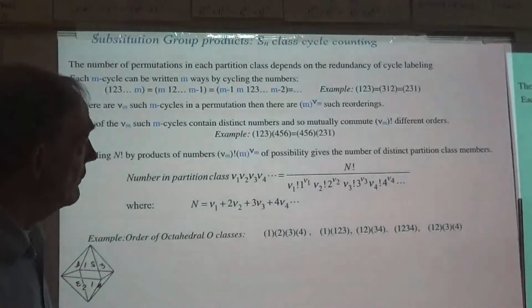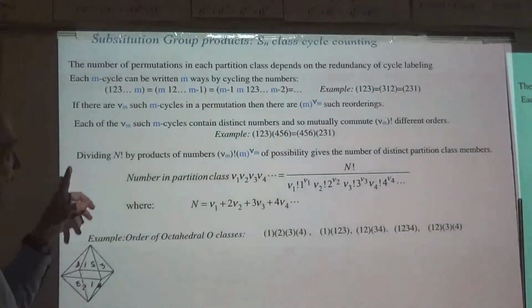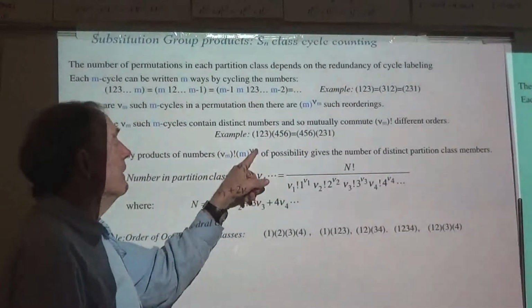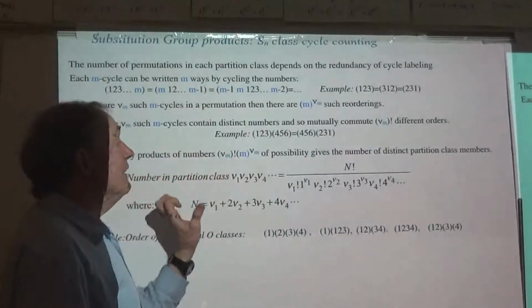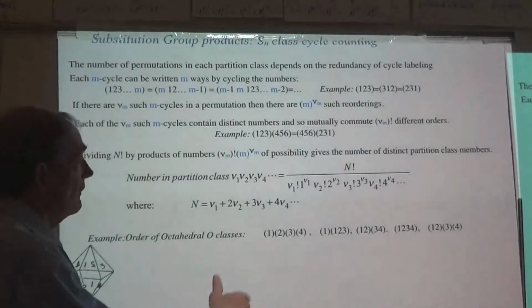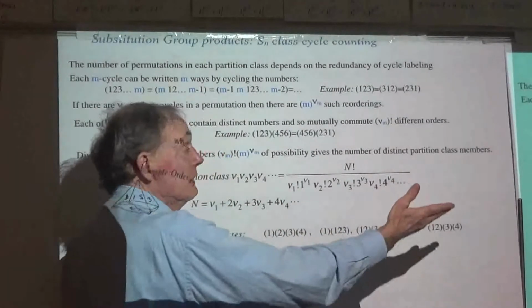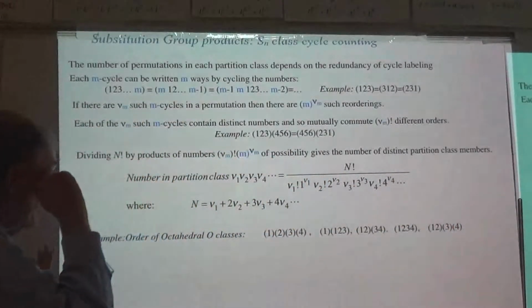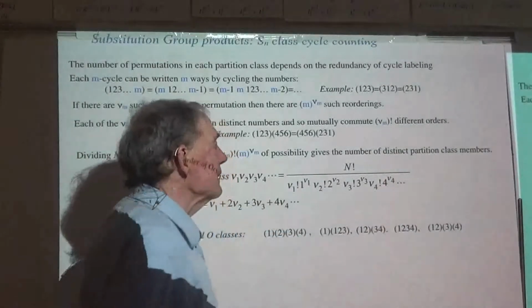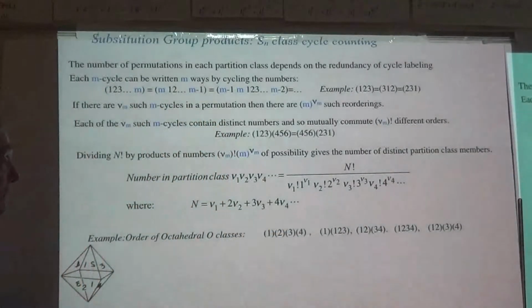So those are the numbers that we need to divide out, the product of the factorial and the power of m for each type of cycle: the bicycle, then the tricycle, then the quadricycle. If n equals 4, you're done, but if n is equal to 5, you've got one more factor down here that's potentially even bigger.